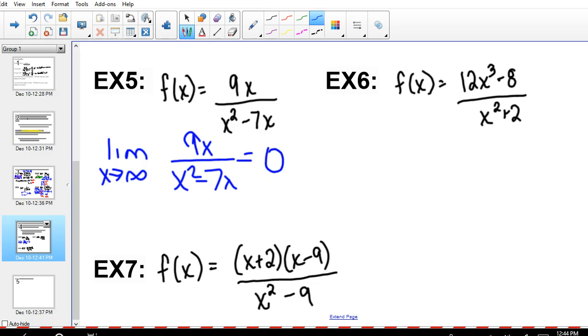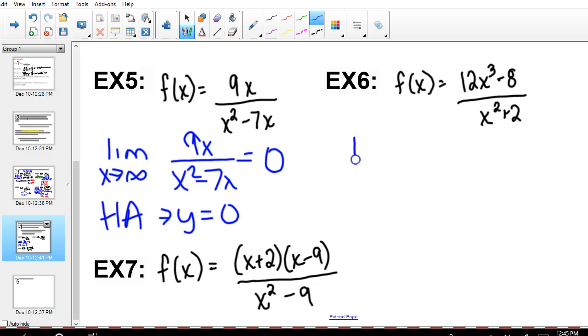That's your Bobo, bigger on bottom, 0. So your horizontal asymptote here, remind me, horizontal lines, is it x equals or y equals? It's y equals. So y equals 0 is your horizontal asymptote. Okay, questions?